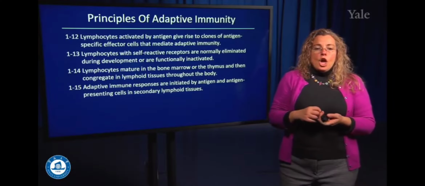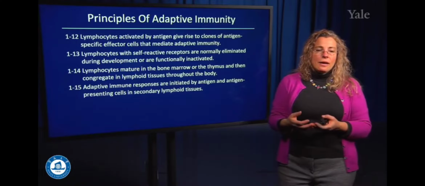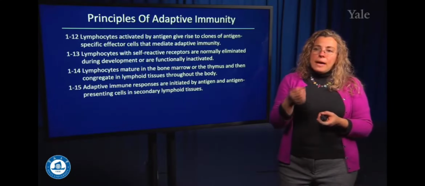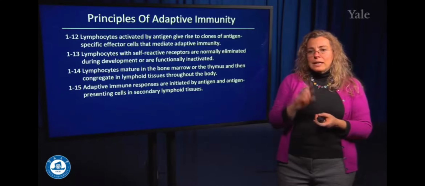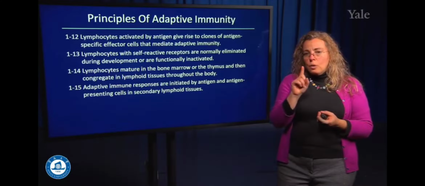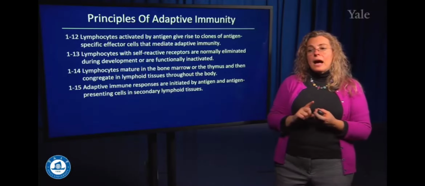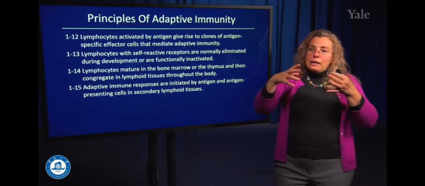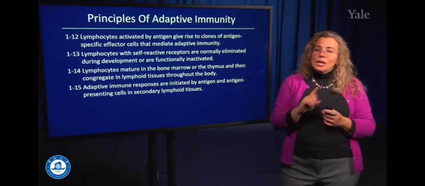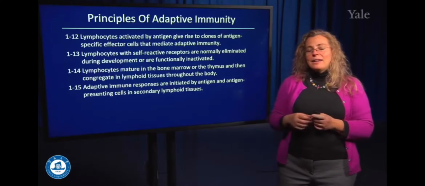So, once the adaptive immune cells are activated, then they can start to make clones of themselves so that each cell that's a clone recognizes only one antigen, and that's all it will ever recognize. But it can make many, many copies of itself and go out and fight that particular infection. But that clone is only good for fighting one infection in your body. It won't be good for fighting any other infection in your body.